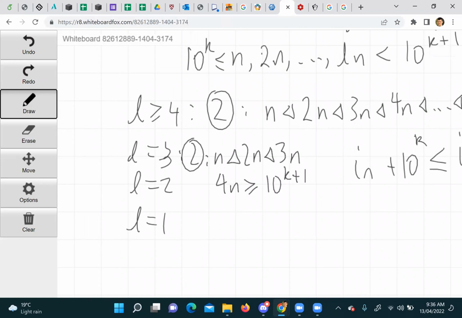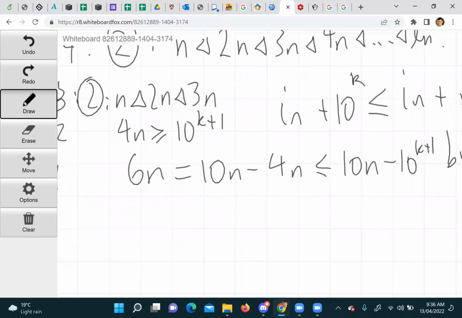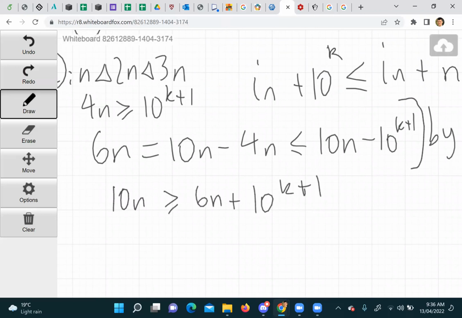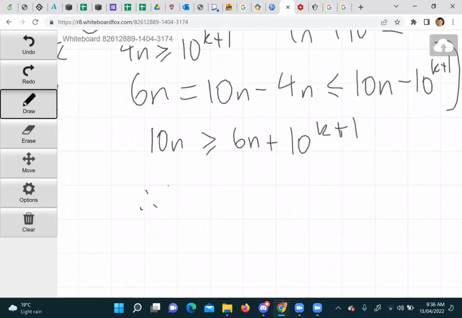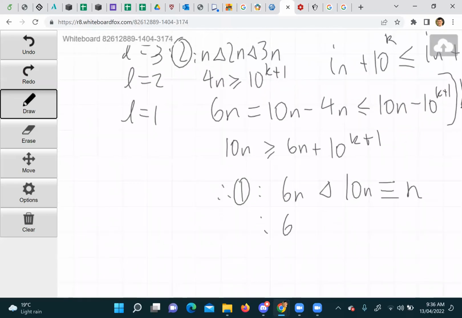So therefore, we have that 6n equals 10n minus 4n is less than or equal to 10n minus 10 to the k plus 1. And so basically you have 10n is greater than or equal to 6n plus 10 to the k plus 1. So therefore by 1, 6n is less than 10n, which is equal to n, right? So therefore 6n.